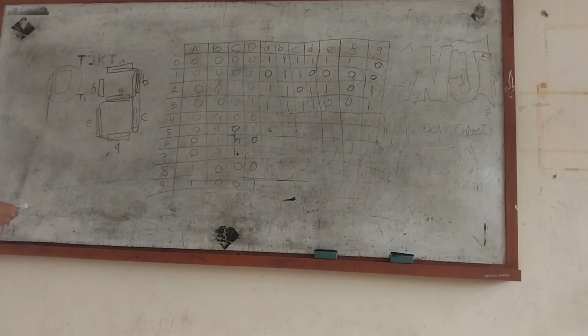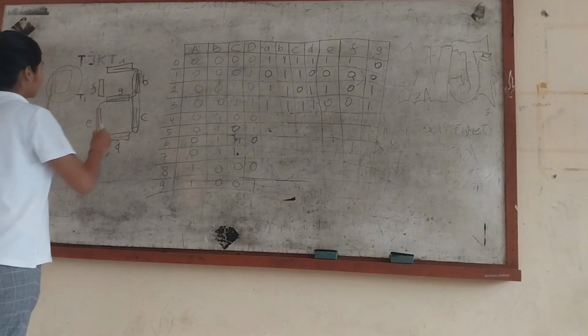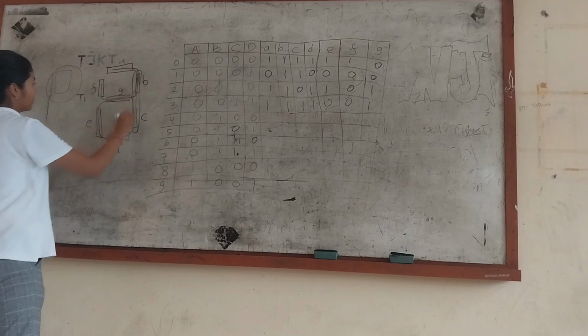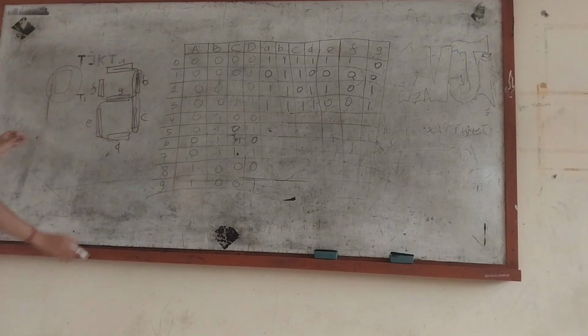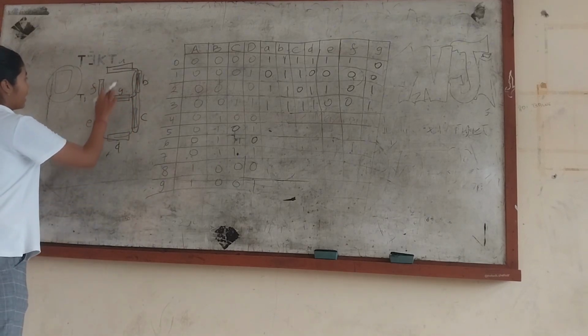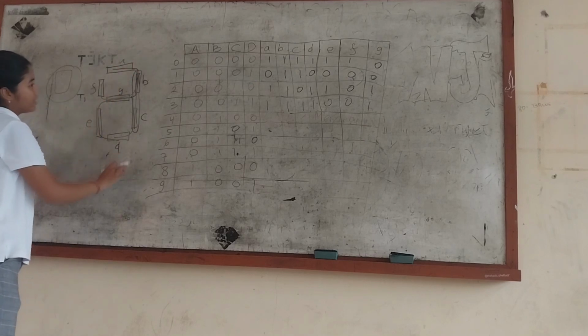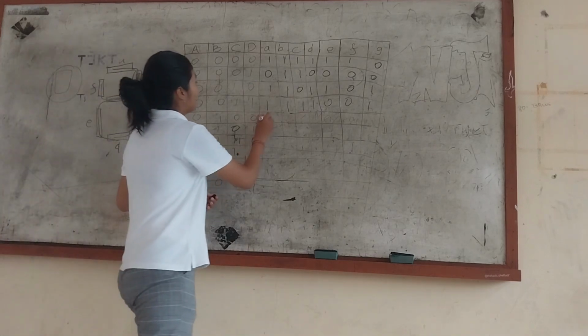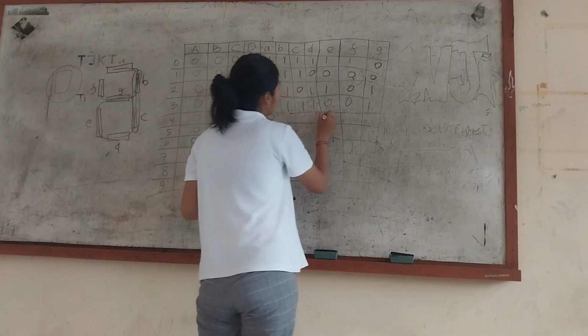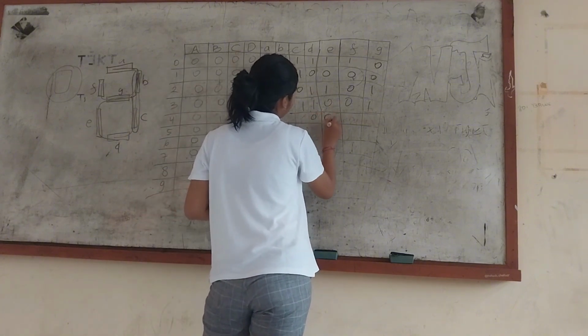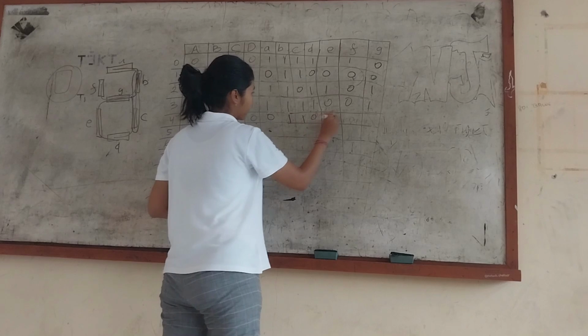We need 4. 4 like this one. So A, D, and E are 0, and the others are 1.